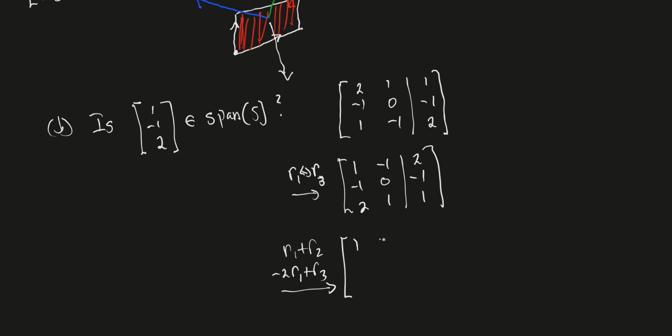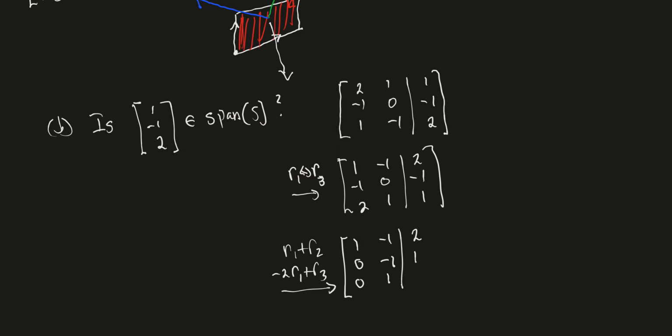When we do that, we know row 1 stays the same. Then we'll have 0, and then -1, and then a +1. And then here we'll have 0, 1, and let's see, so that's -2 times 2.